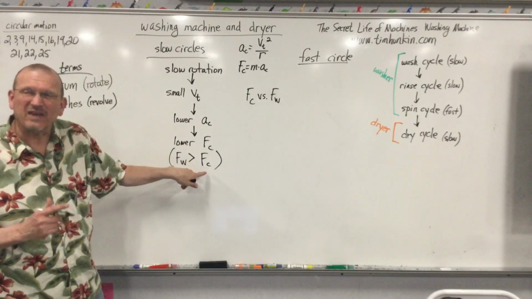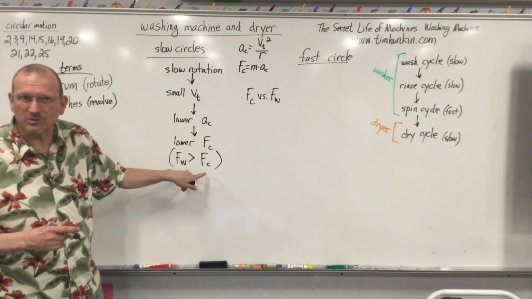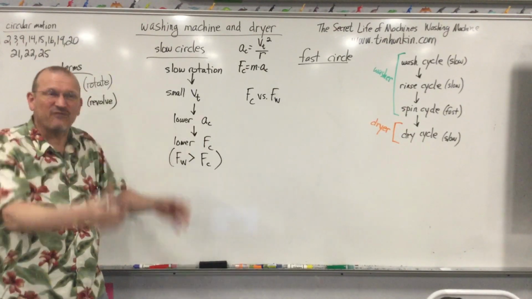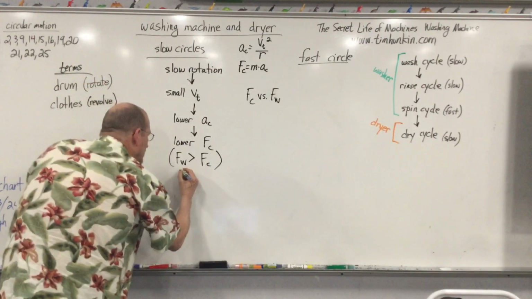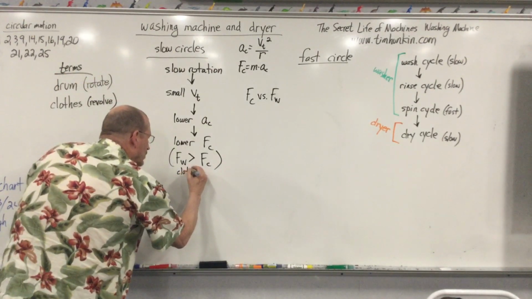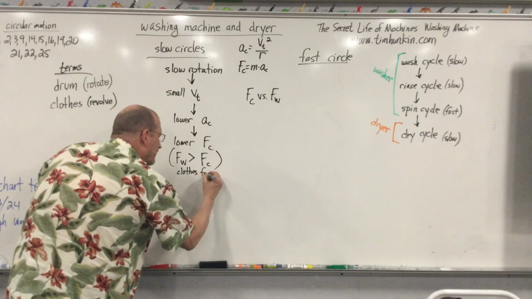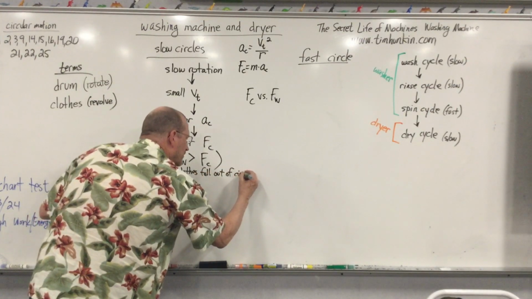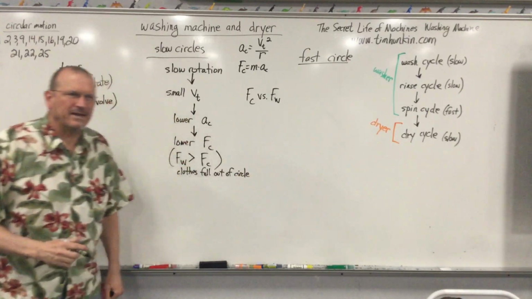F sub W. And if F sub W wins, what do the clothes do? Well, they fall. Clothes fall out of circle. Okay?